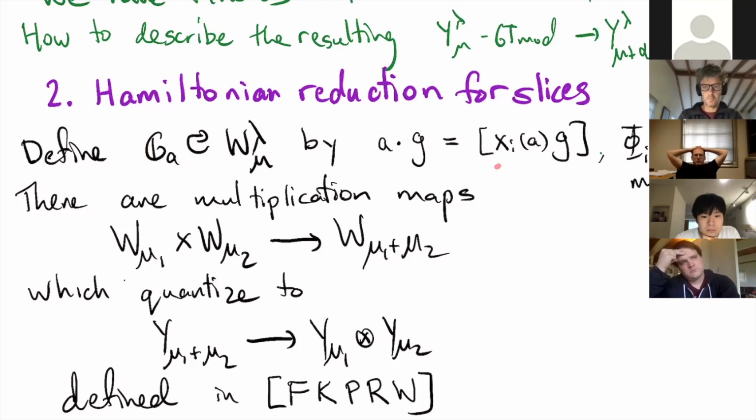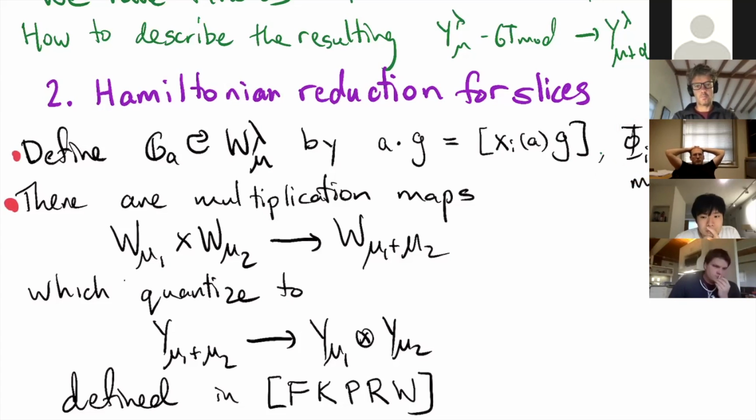If μ is dominant, this just means class in the affine Grassmannian. If μ is not dominant, it means something slightly more complicated, but it's not very important. And this is a Hamiltonian action of this additive group, and it has a moment map, which takes values in C, the Lie algebra of the additive group. Okay, so that's the first piece of structure.